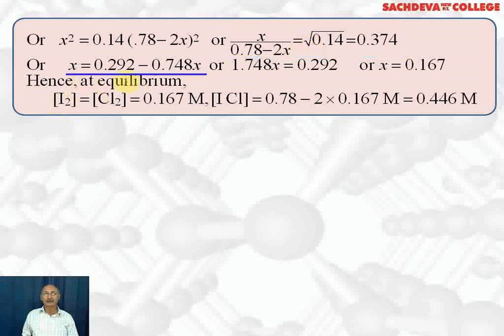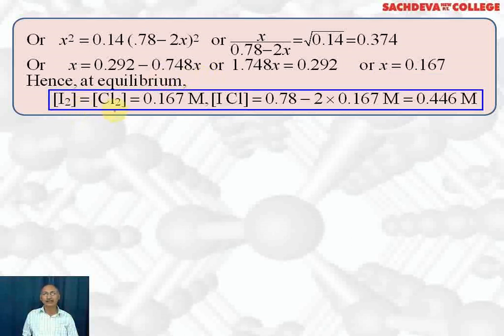So x will come out to be 0.292 minus 0.748x, or 1.748x is equal to 0.292. X comes out to be 0.167. The molar concentrations of iodine and chlorine are equal, 0.167 molar. ICl concentration is 0.78 minus 2 into 0.167 molar, equal to 0.446 molar.